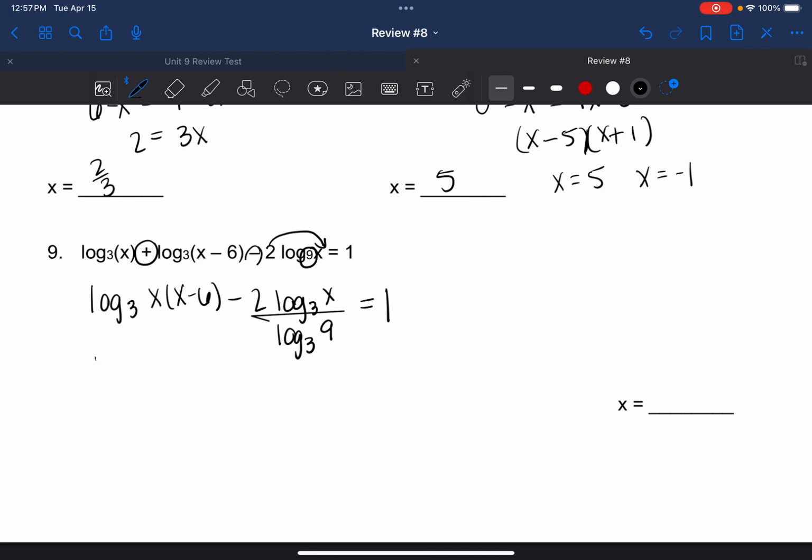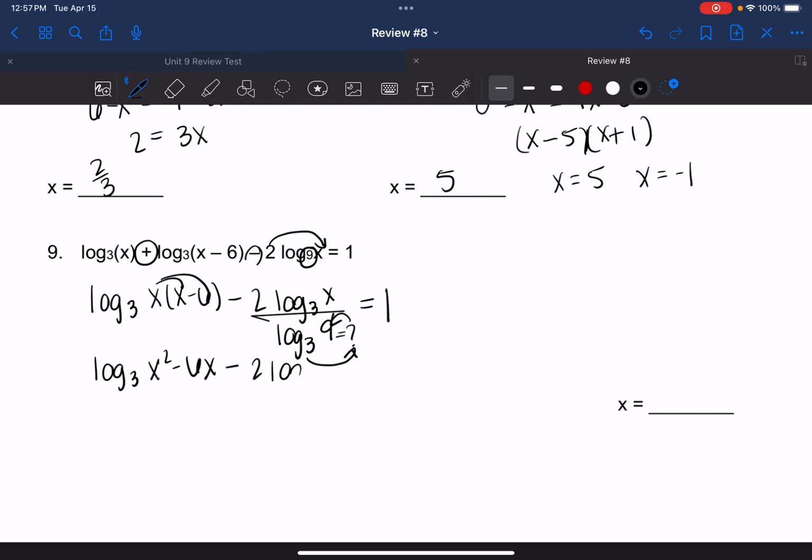All right, so I've got log base 3 of, I can distribute this x, that'd be x squared minus 6x, minus right here, I can't do anything in the top because I have a variable, but right here I could ask myself 3 to what power would give me 9, and that'd be 2.